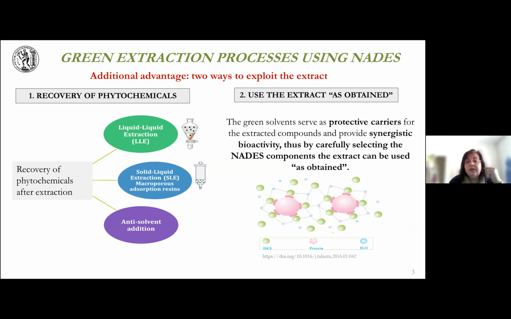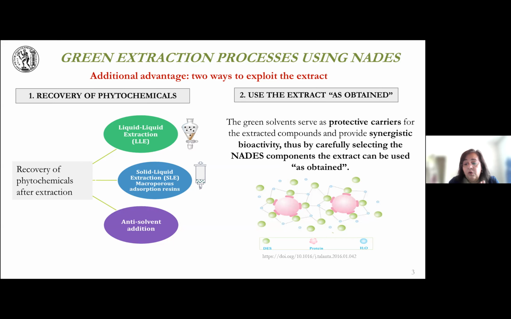So an additional advantage is that we have 2 ways to exploit the extract. One is the traditional way, we could say, the recovery of phytochemicals by liquid-liquid extraction, solid-liquid extraction, and anti-solvent addition. The other way is to use the extract as obtained.